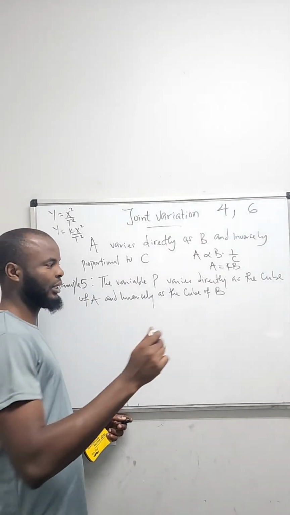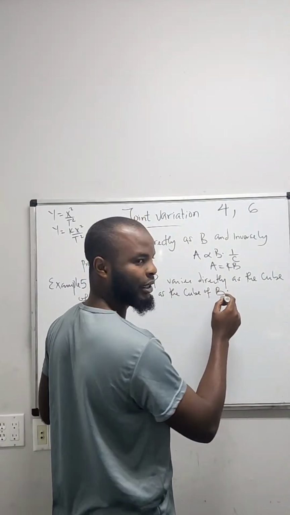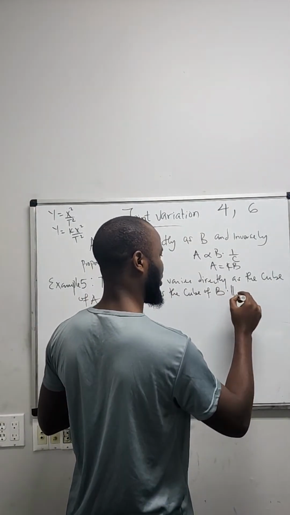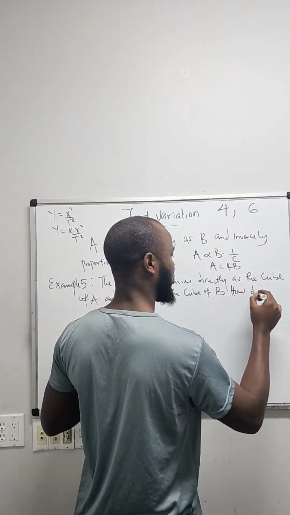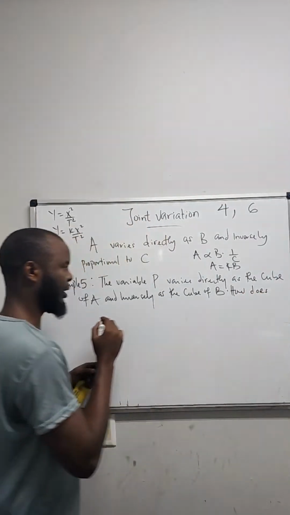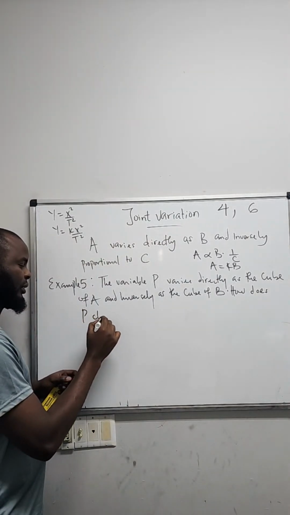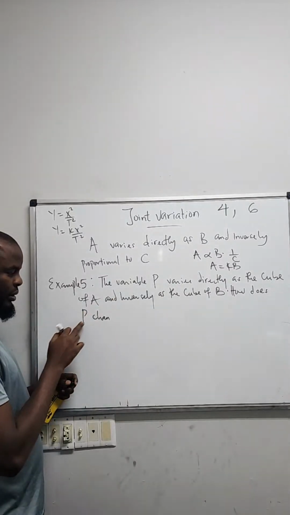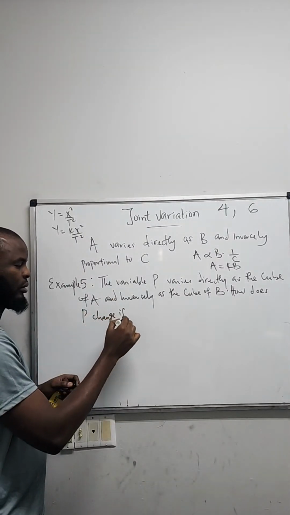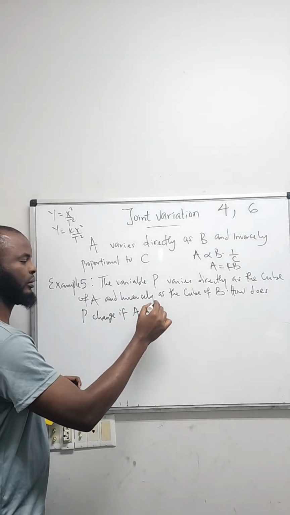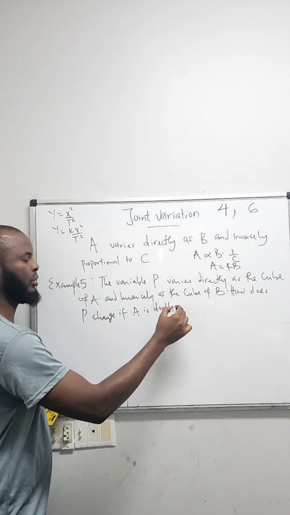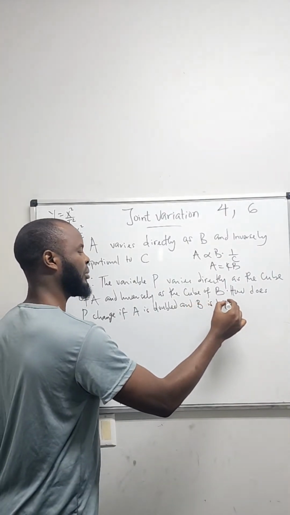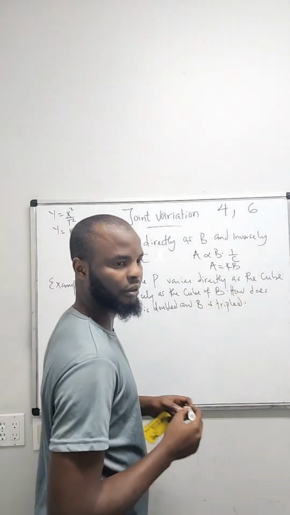How does P change if A is doubled and B is tripled? Let me give you 3 minutes to do this.